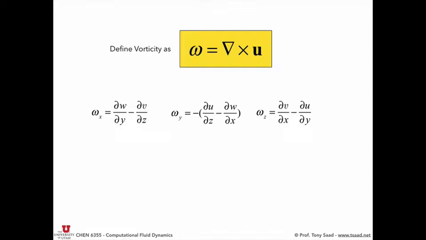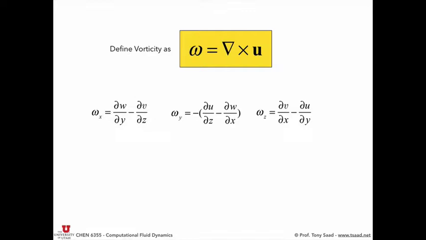So on a 2D plane, for example, in xy, you only have one vorticity component, and that's in the z direction. So if you have flow like this, omega z is in this direction, either pointing up or pointing into the plane. And that's the only component of vorticity, because you only have u and v velocities in 2D.